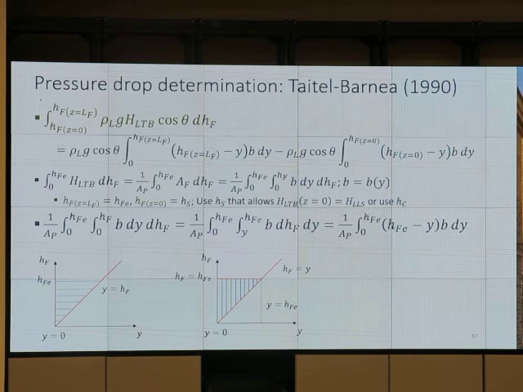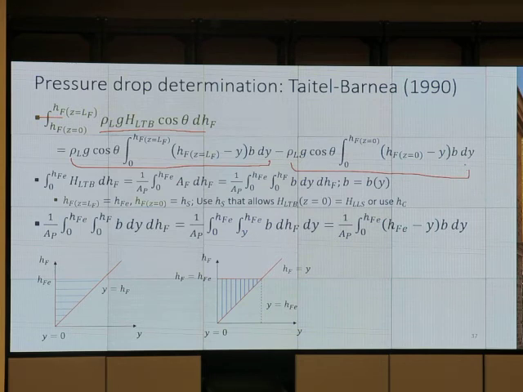The first term is rho g HLTB cosine theta. When I split it into two parts, cut in half, I get this equation and that equation. The way I get that is, cosine theta is not a function of height, so it's kind of constant and I take it out.